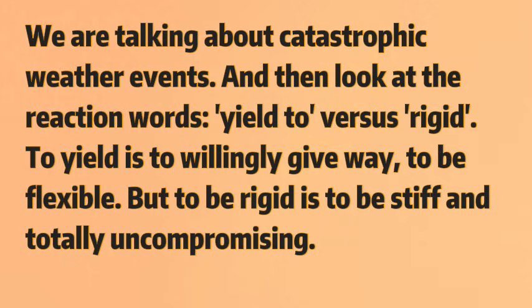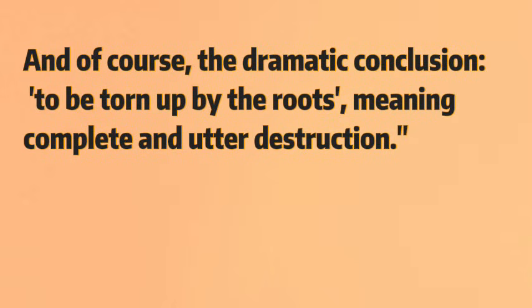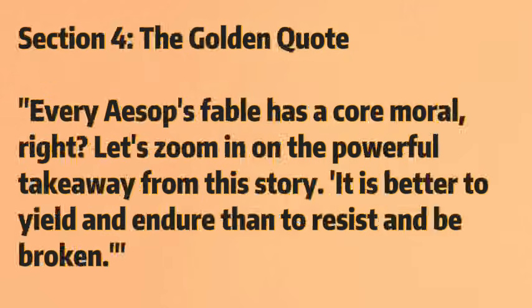Yield to versus rigid. To yield is to willingly give way, to be flexible. But to be rigid is to be stiff and totally uncompromising. And of course, the dramatic conclusion, to be torn up by the roots, meaning complete and utter destruction.